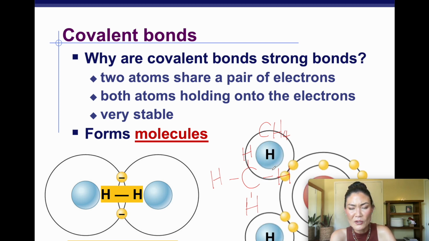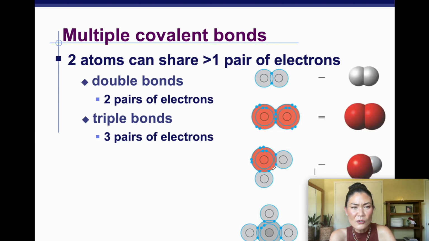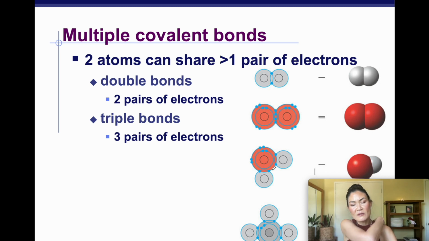Okay, same with water, and we'll talk more about water in chapter 3, but water is H2O, and it's 2 hydrogens and 1 oxygen, and they're sharing electrons. So I drew methane, 4 hydrogens sharing electrons with carbon, but you can also have atoms sharing 2 pairs of electrons or 3 pairs of electrons.